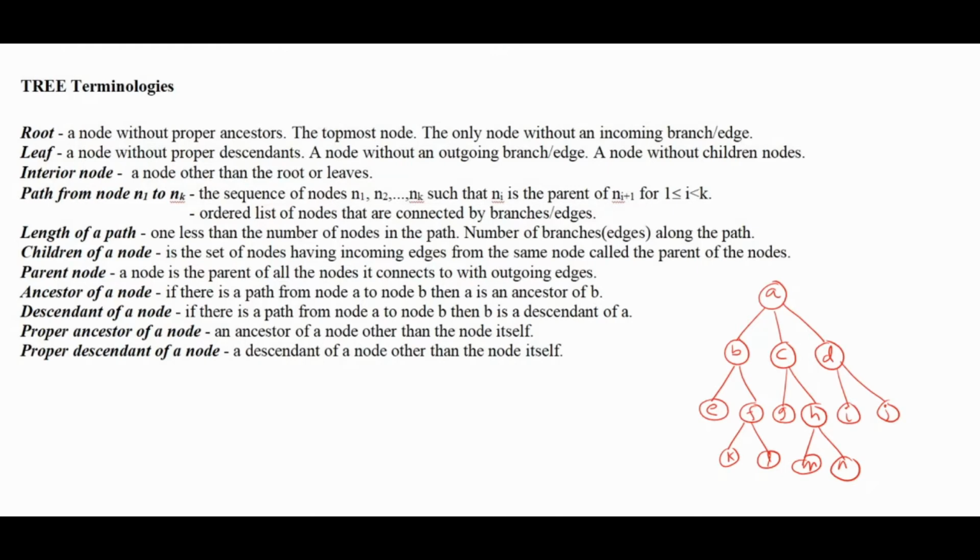We have here some terminologies we use to reference the data structure tree. First is root. As defined earlier, root is the topmost node, the only node without any incoming branch or edge. As you can see here in the figure, A is the root of this given tree. It is the topmost node and the only node without an incoming branch or edge.